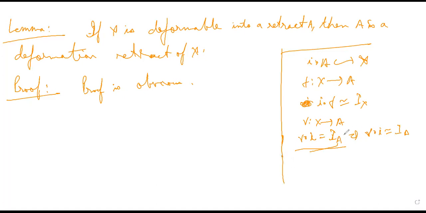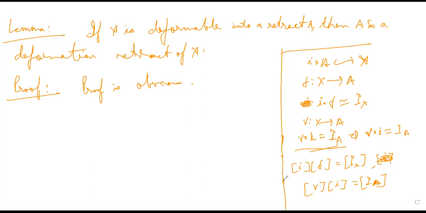But then we can conclude from here that F is a right inverse of this and R is a left inverse of this.